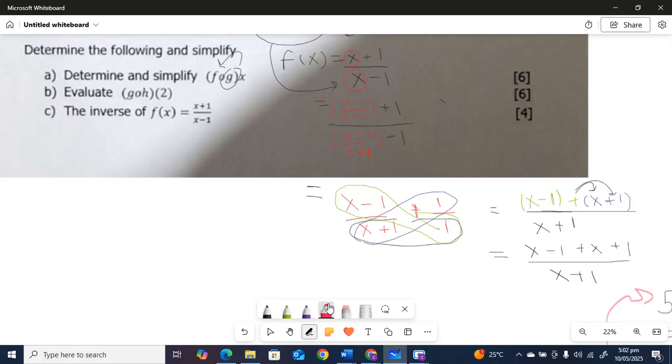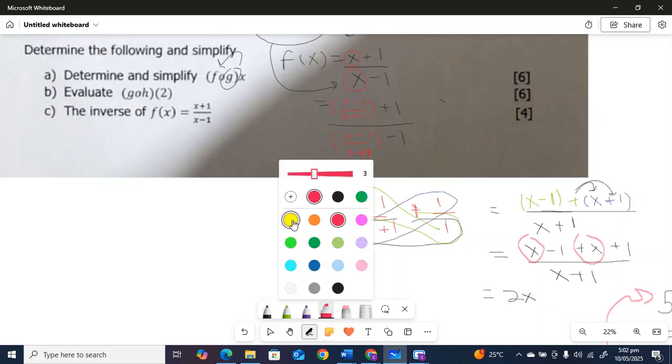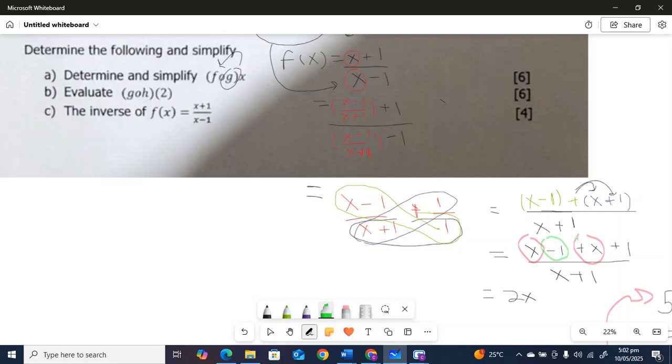So here, x plus x, that is 2x. Then negative 1 plus 1, that is 0.